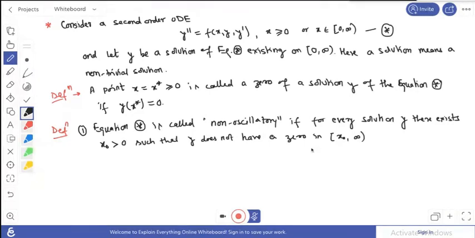So equation star is called non-oscillatory if for every solution y there exists this point such that y does not have a zero in that interval.